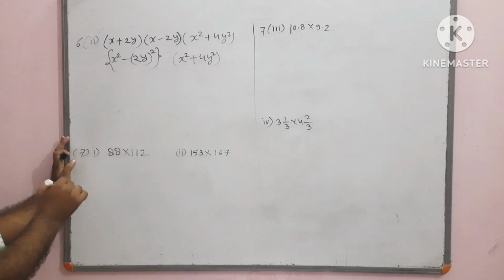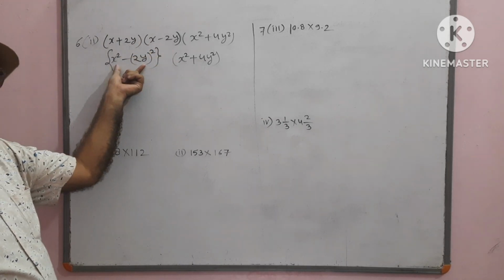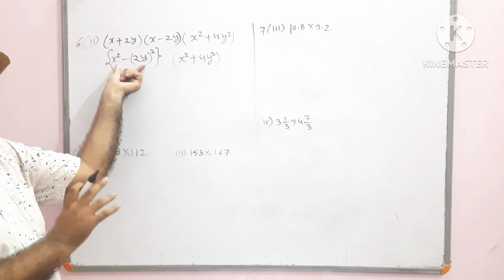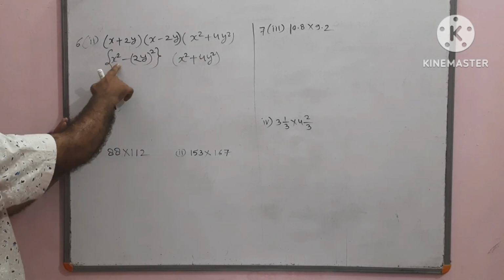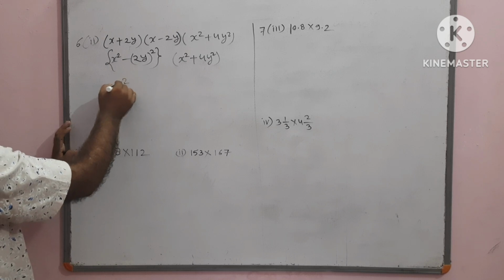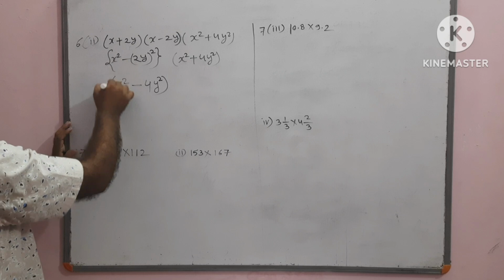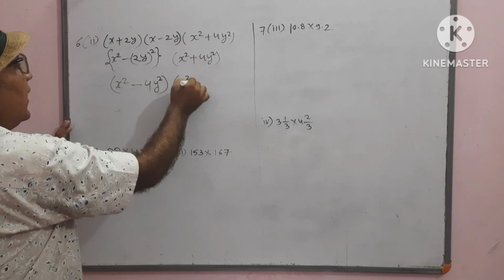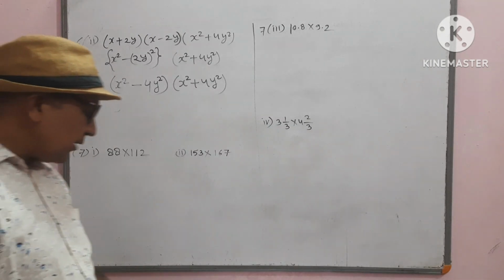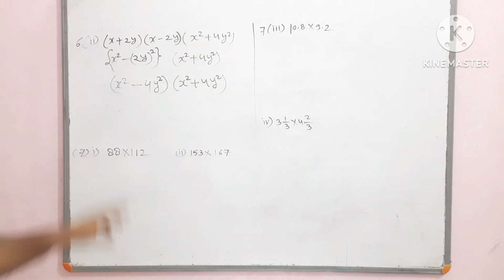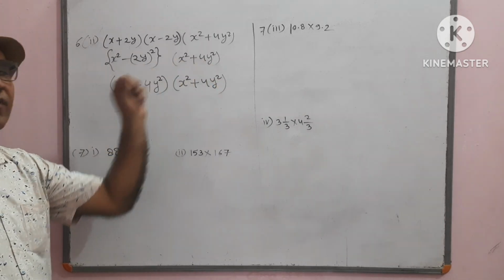4y square. Understood? A plus b into a minus b is equal to a square minus b square in one bracket. We have to write in one bracket. And this we will copy as it is. Now x square will remain as it is, minus 2 square is 4, and this is y square. And here x square plus 4y square. Again both the brackets are looking like the identity. See, x square minus 4y square, x square plus 4y square.